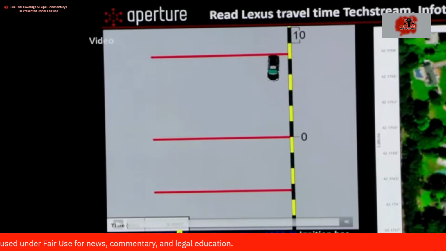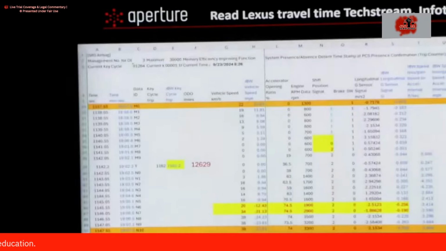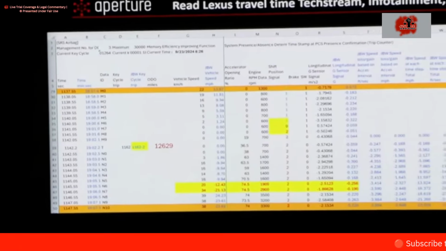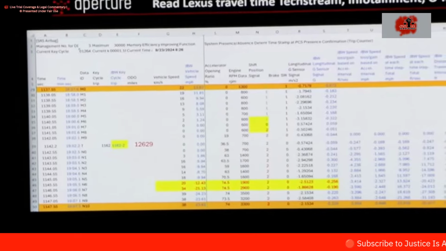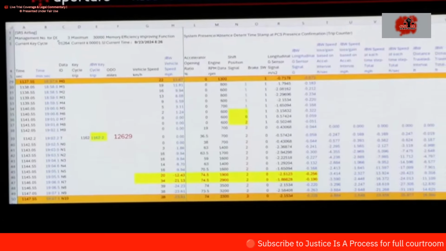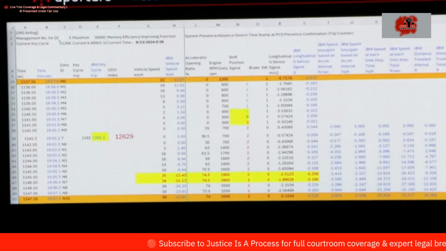So from the maximum point it pulled forward to where it backed up, again, that was 34 feet forward, then a total of 53 back, total travel distance of 87 feet. So went all the way forward, where it stopped, it then backed up 87 feet.